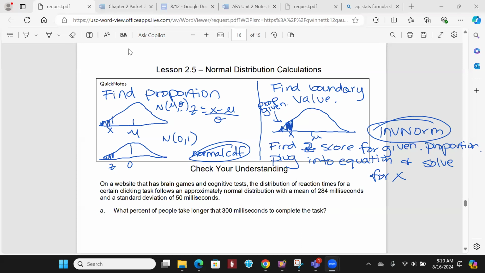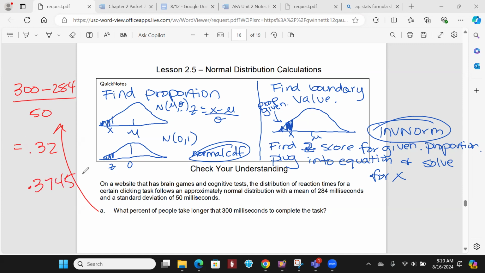So 300 minus our mean, 284, divided by 50, gives us 0.32. We then go to our table, down to 0.3 over to 0.2, and that gives us 0.3745.